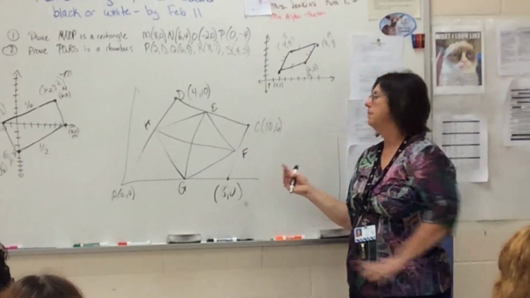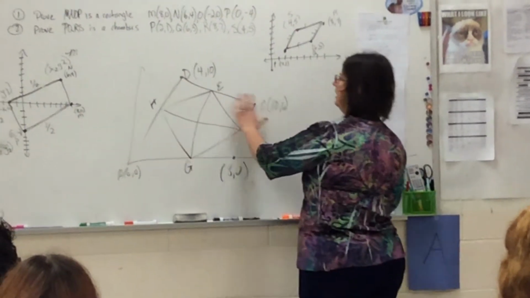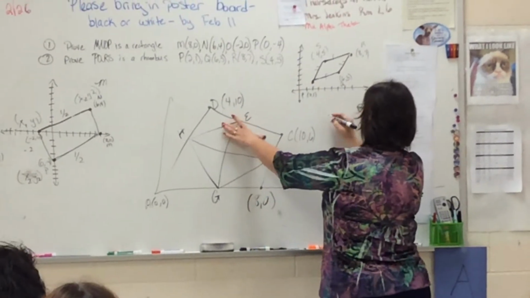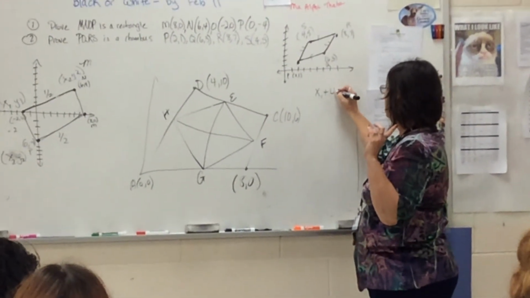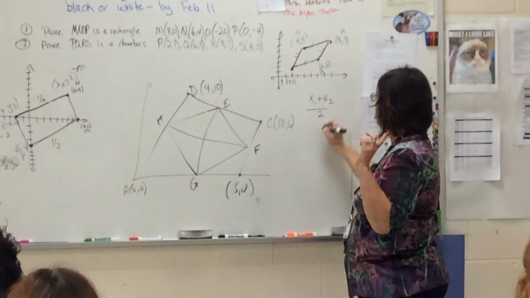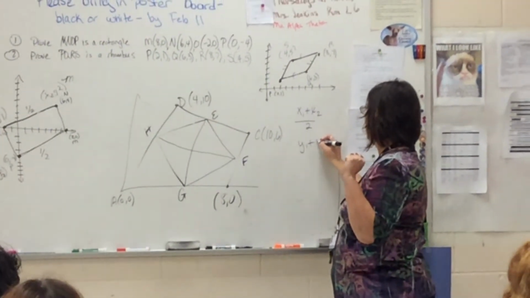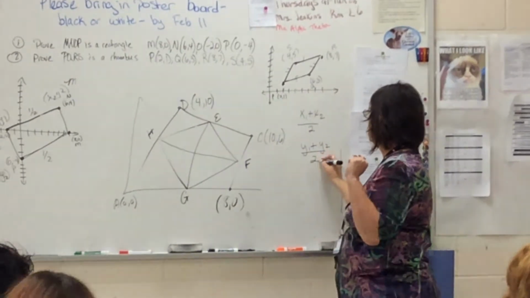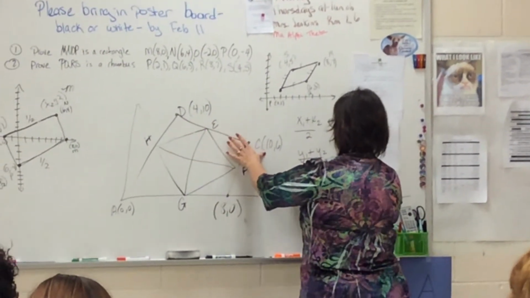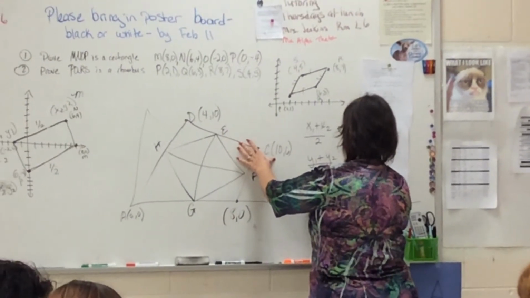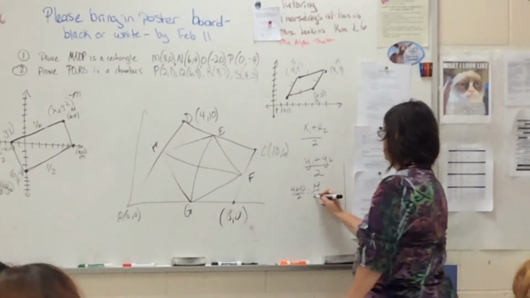Use the midpoint formula. Yeah, between here and here. So I've got the midpoint formula: x1 plus x2 divided by 2, and y1 plus y2 divided by 2. So the midpoint here is going to be 4 plus 10, which is 14 over 2, which is 7.